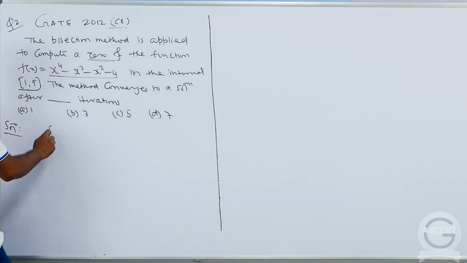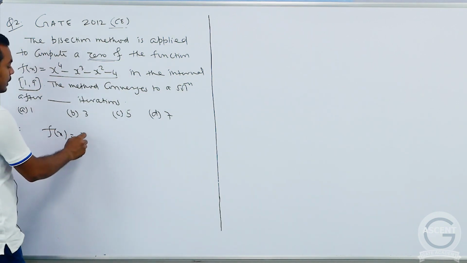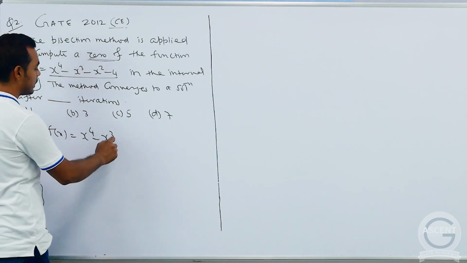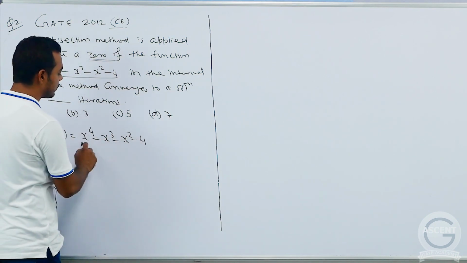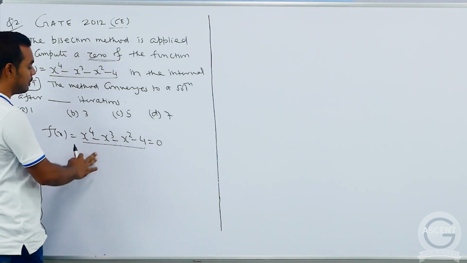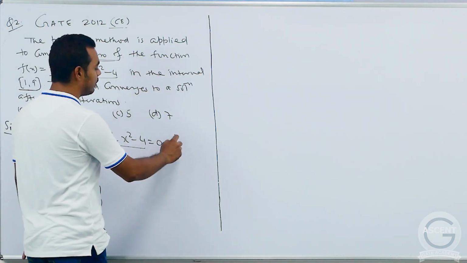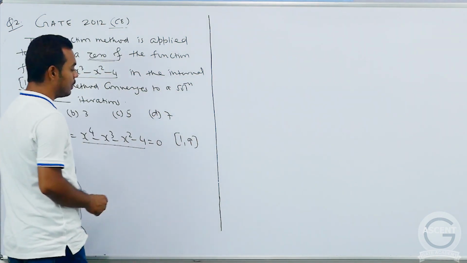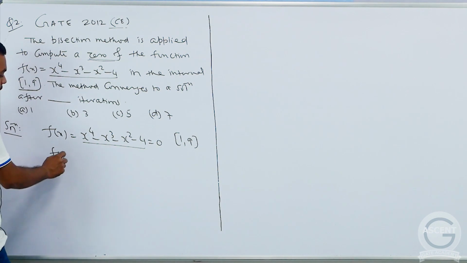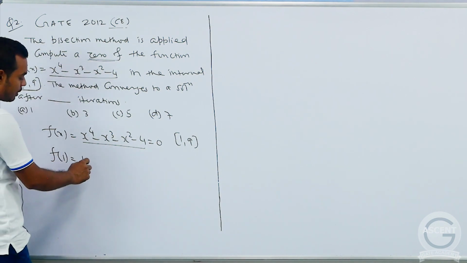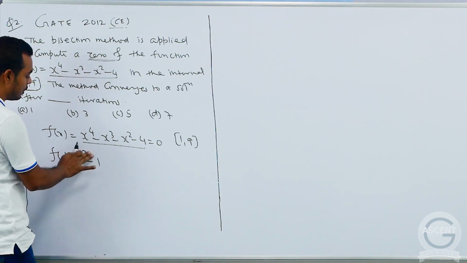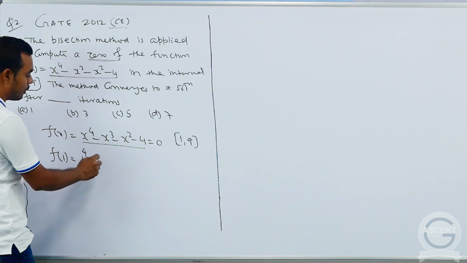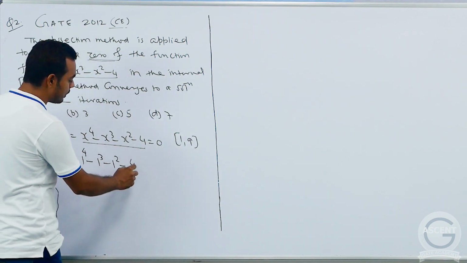Now our f(x) is x to the power 4 minus x cube minus x square minus 4. We have to compute the root of this equation and the given interval is 1 to 9. First we are going to calculate f of 1. This f of 1 will be 1 to the power 4 minus 1 cube minus 1 square minus 4.